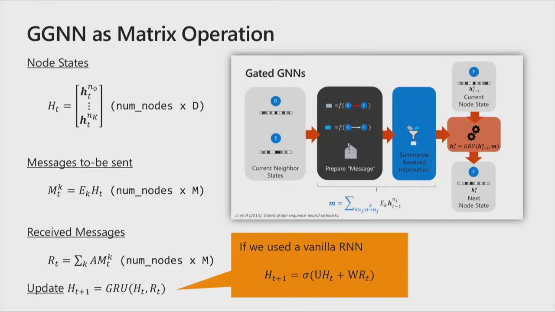How do the matrix shapes work out in the messages to be sent equation? So this m is b times d. Yes, and then you have this matrix E_k, which should be d times m.